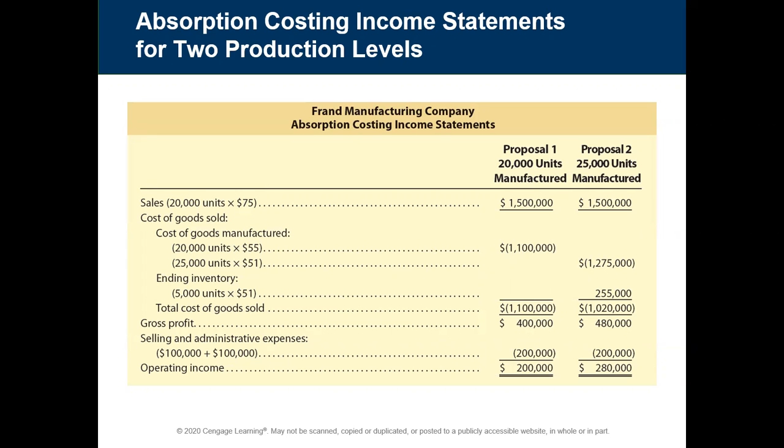So again, by overproducing in this scenario, manufacturing more than what we sold, our operating income is, you could say, artificially higher, okay? Where's that $80,000 difference? Well, it's sitting there in the 5,000 units of inventory. We'll have that expense come up next month when we sell those, okay?